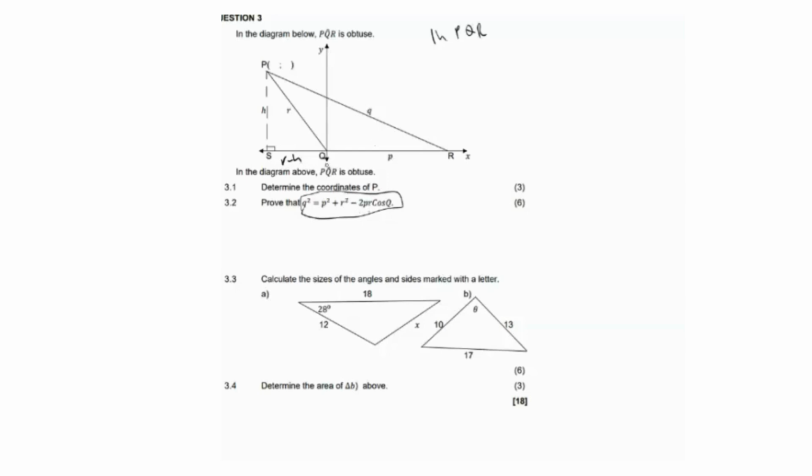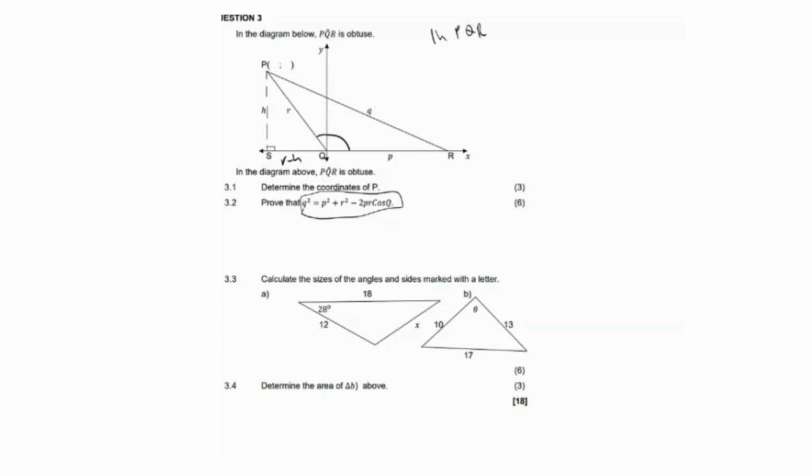So which means that it's this side here and this angle here, the obtuse angle. So now, how do we solve this? Remember, first step, we must try to cut these triangles.